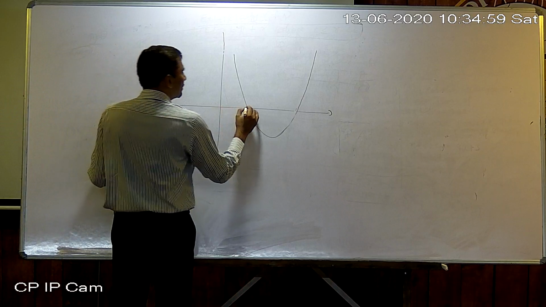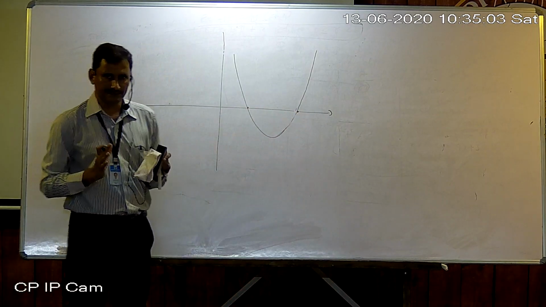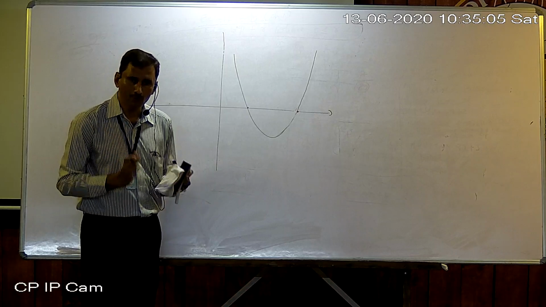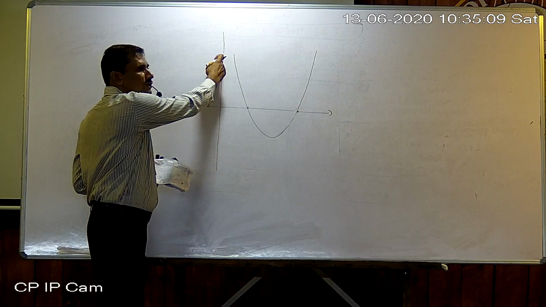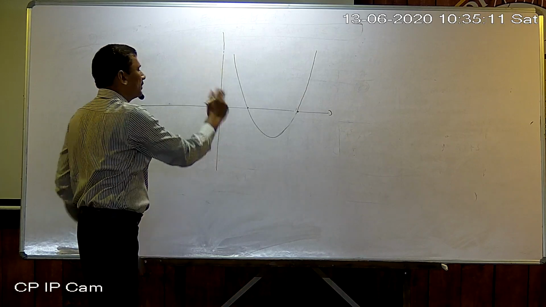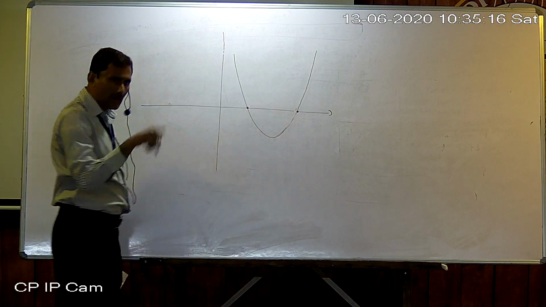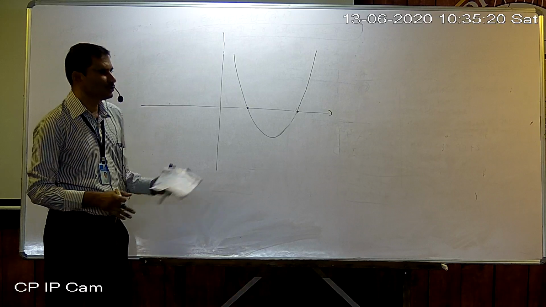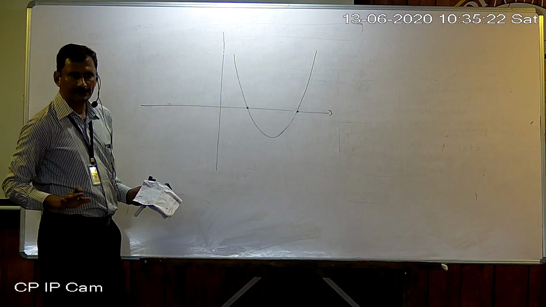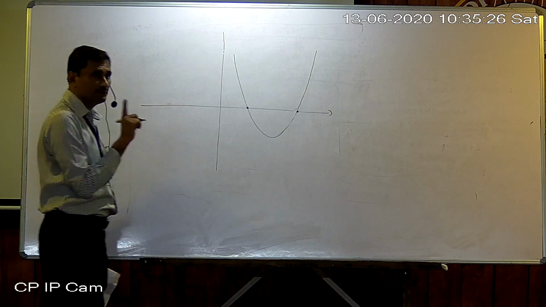Here you look at how many points it intersects the x-axis. The y-axis is not important. So by counting the number of intersection points of the graph and the x-axis, you can say the number of zeros. It is very simple. Just know how many intersection points there are with the x-axis, not with the y-axis.